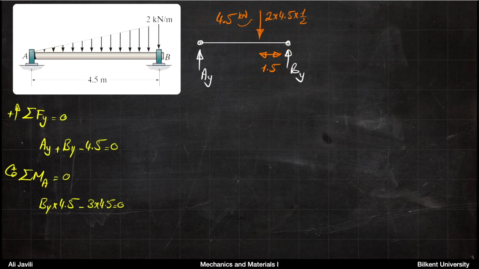And then from that, basically using the equilibrium equations, the sum of the forces in the y direction is 0, and the sum of the moments with respect to, let's say, A is 0, you can now calculate the reactions at the supports. If you do that, you get 3 kilonewton at B and 1.5 kilonewton at A, which makes sense.